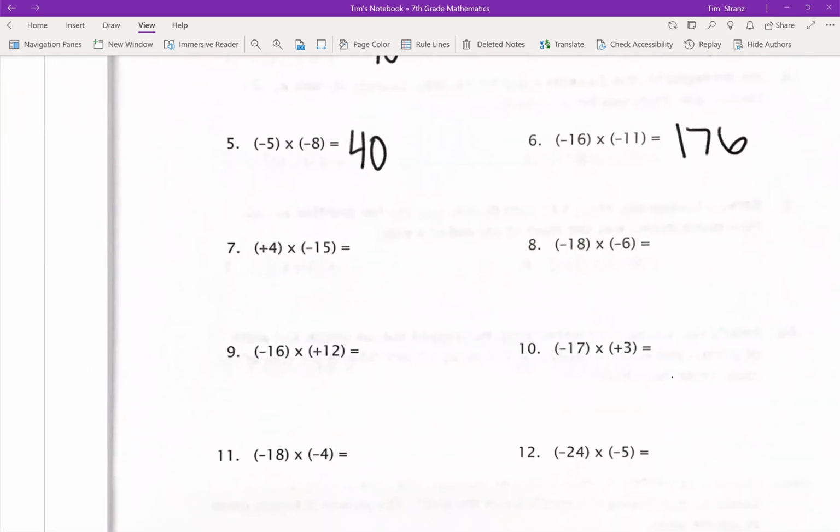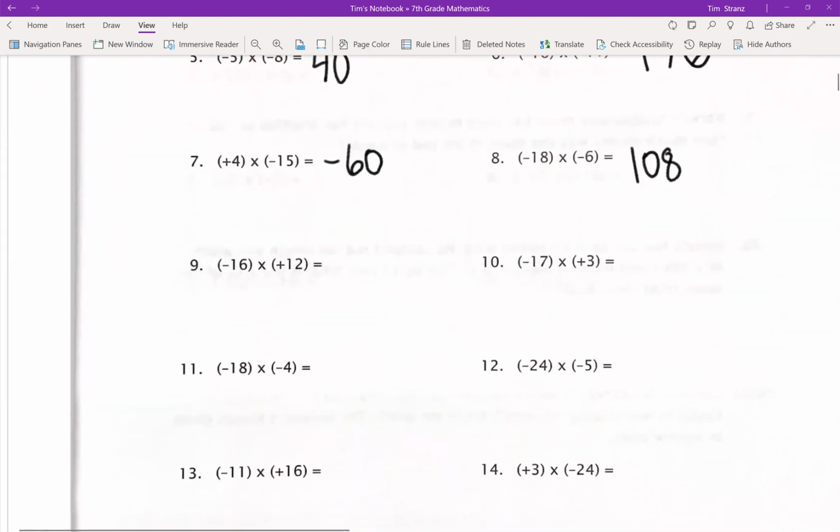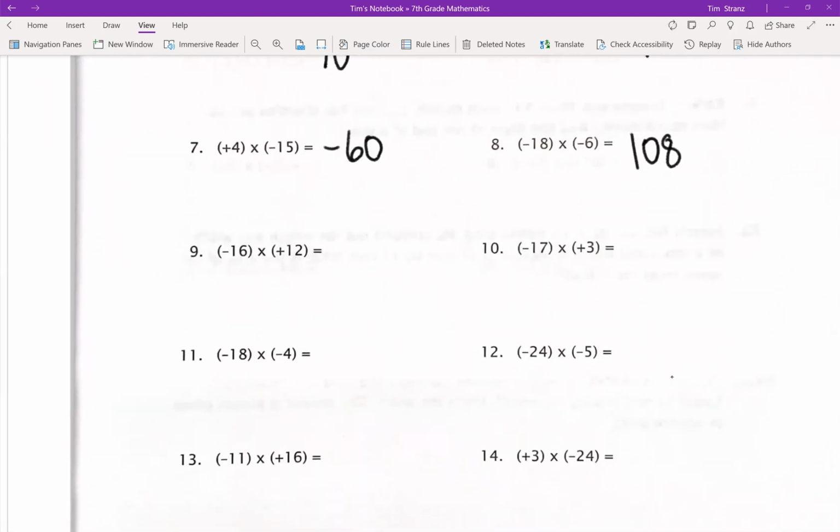All right, 4 times 15, 2 different signs, so it's going to be a negative answer, negative 60. 18 times 6, both signs are negative, which means it's going to be a positive answer of 108. 16 times 12, again, the signs are different, so it's going to be a negative answer of 192. 17 times 3, different signs, means a negative answer of negative 51.